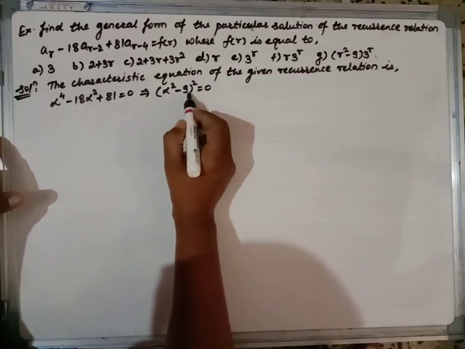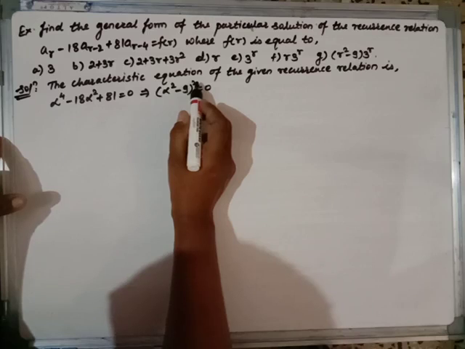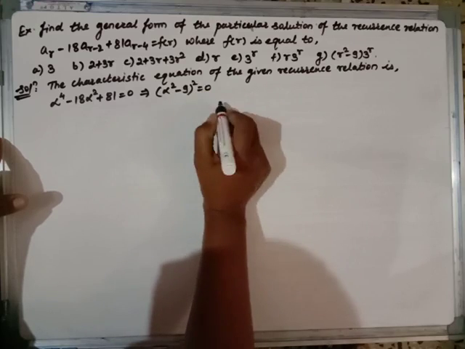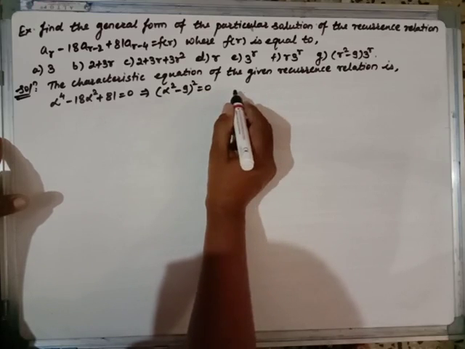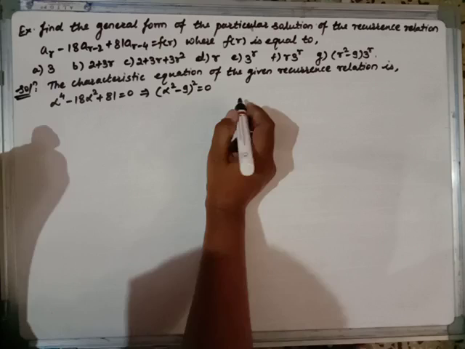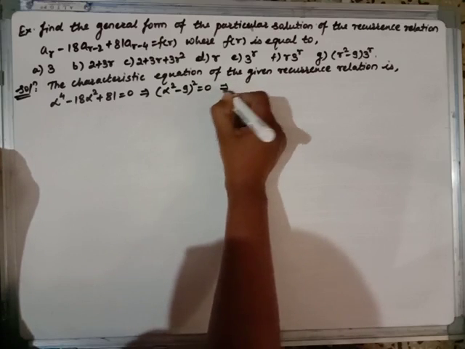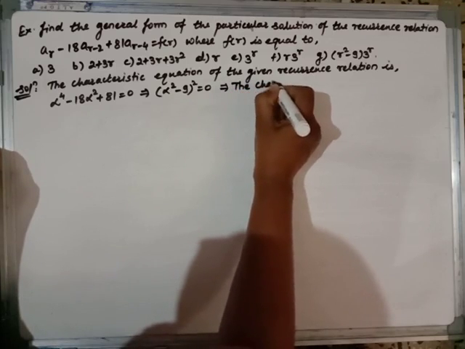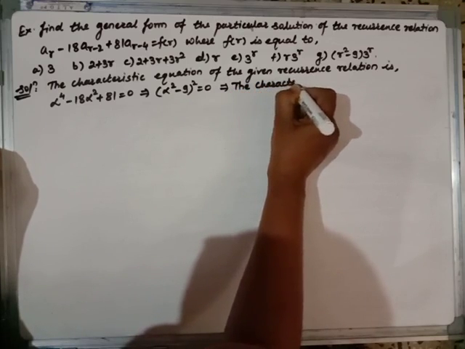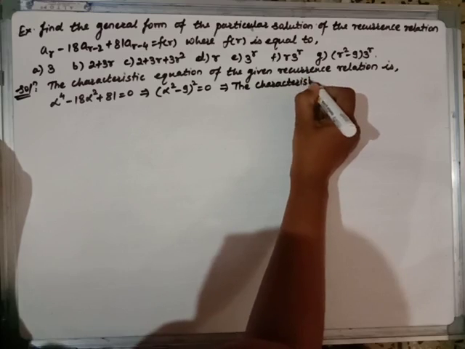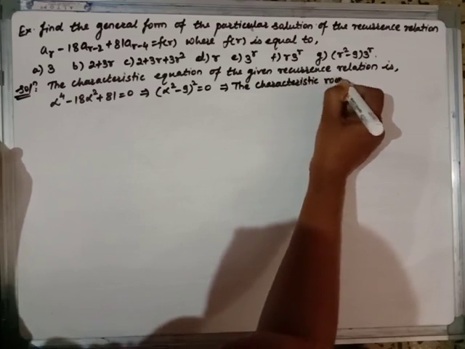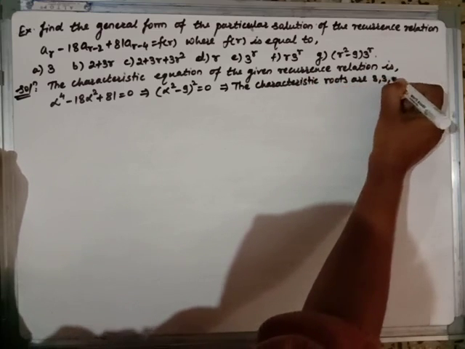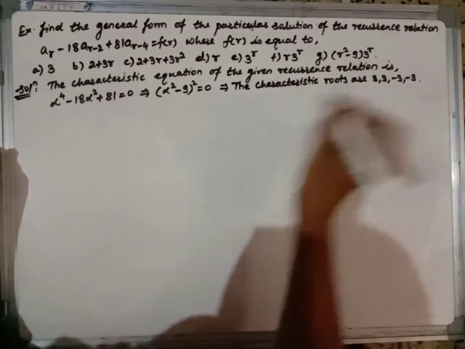So alpha square minus 9 equal to 0 twice. Alpha square equal to 9 means plus minus 3. So here the characteristic roots are plus minus 3, but each occurs twice: 3, 3, minus 3, minus 3.